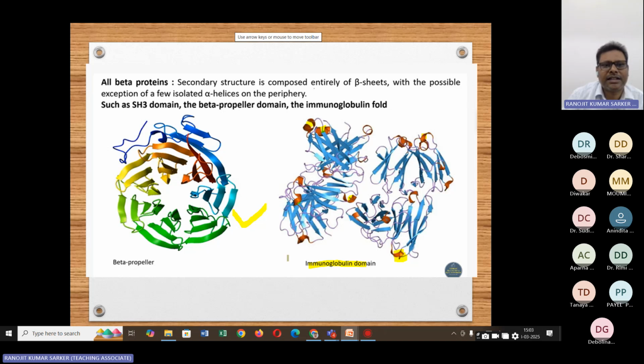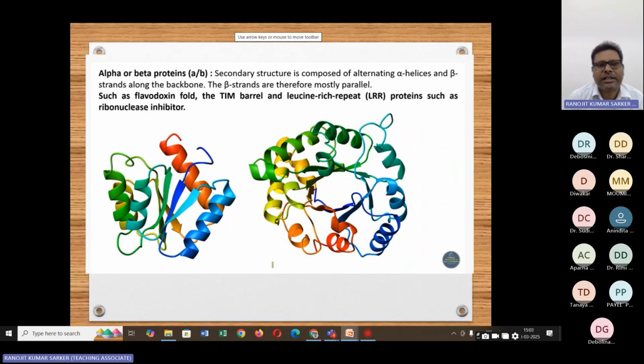So the SH3 domain, the beta propeller domain and the immunoglobulin fold all belong to the all beta proteins. Distinctly, in all alpha there is no beta sheet, and in all beta there is no alpha helix. Now you see the alpha/beta, the TIM barrel we are talking about, or the leucine rich repeat.